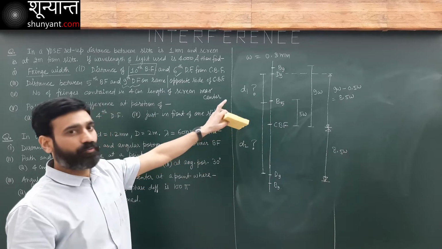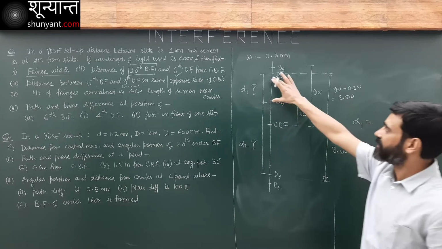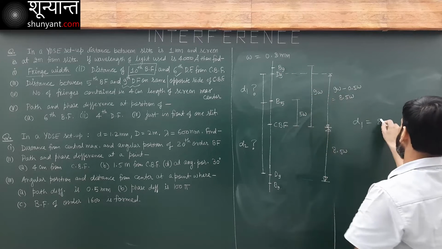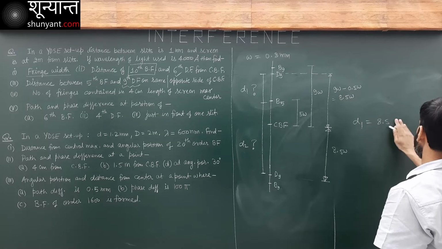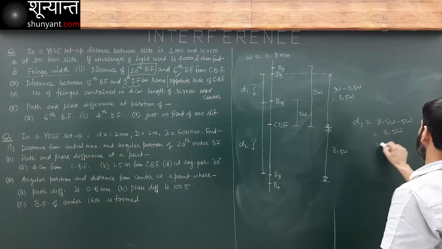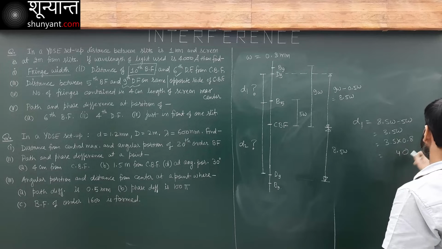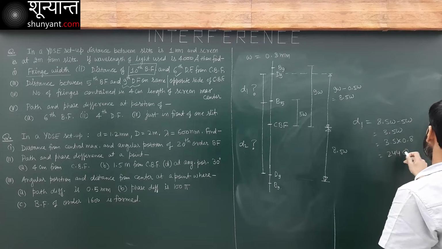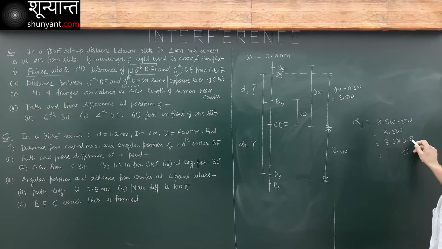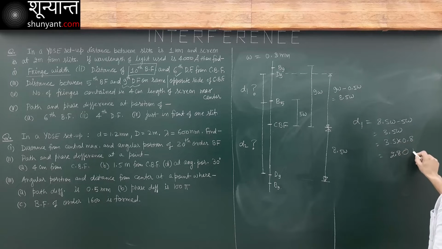So what will be d1? When both are on the same side, this distance d1 will be 8.5 omega minus 5 omega. This will be 3.5 omega. 3.5 times 0.8 is 2.8 millimeter.